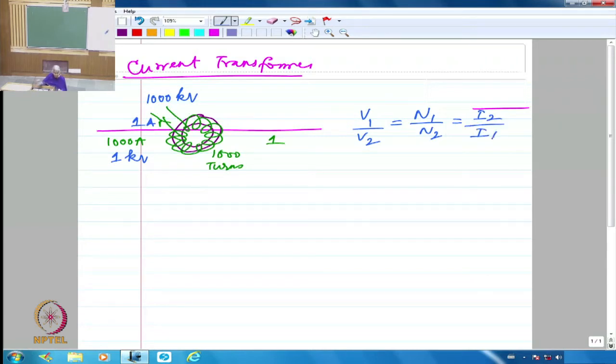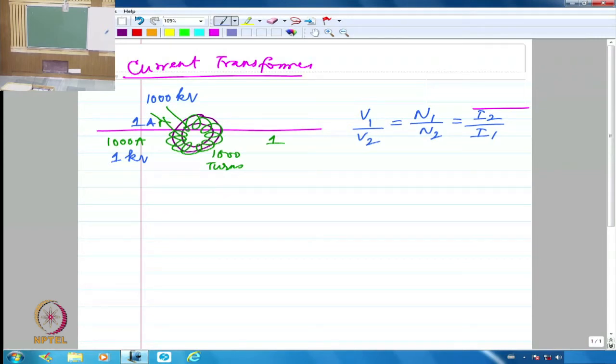This is the normal relationship in a transformer. If I keep the secondary coil as an open circuit, then the voltage ratio is also followed. Or even if I connect a fairly larger resistance, essentially the voltage ratio is followed.